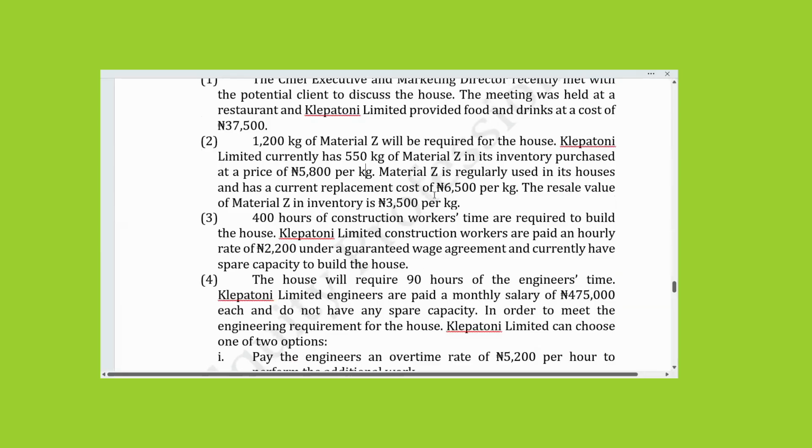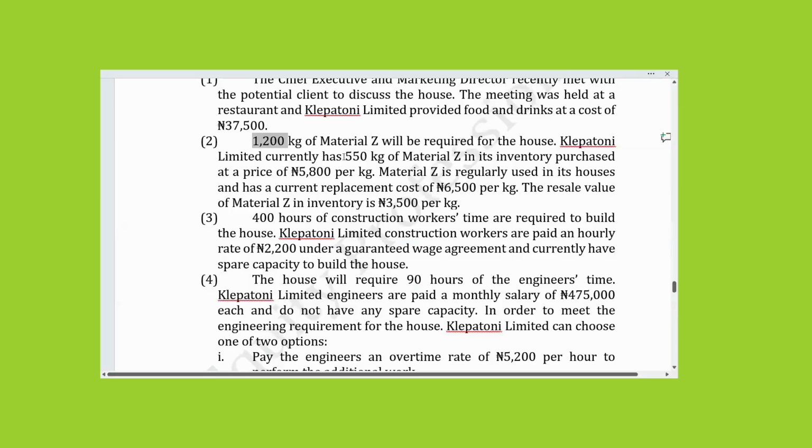So we have about 3 different costs here, or different cash flows here. One is 3,500, another one is 6,500, then the third one is 5,800. Now, which of this information are we going to select? The examiner has told you that 1,200 kilogram of material Z will be needed for this project.